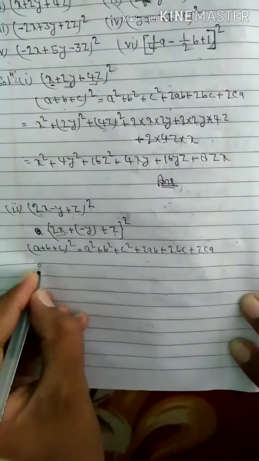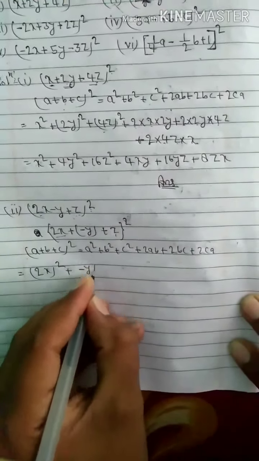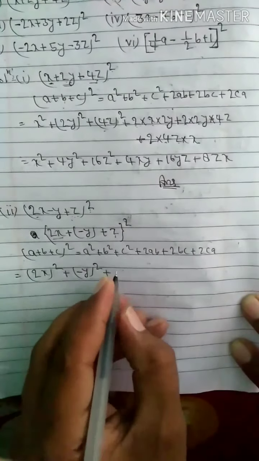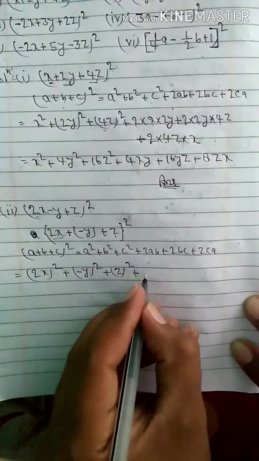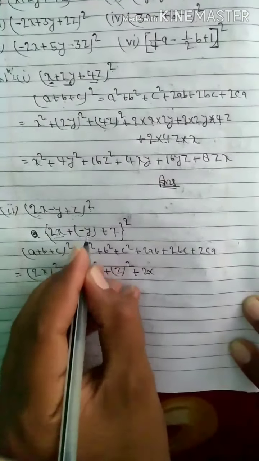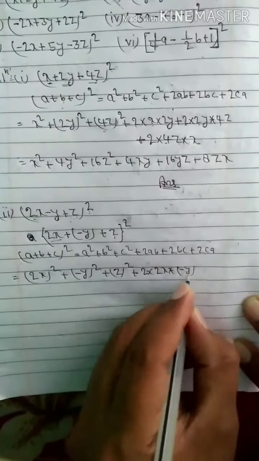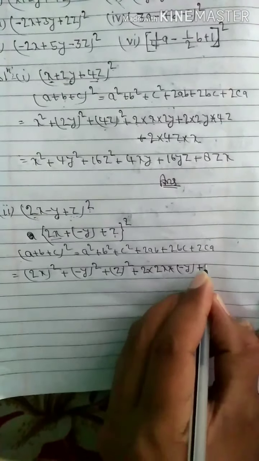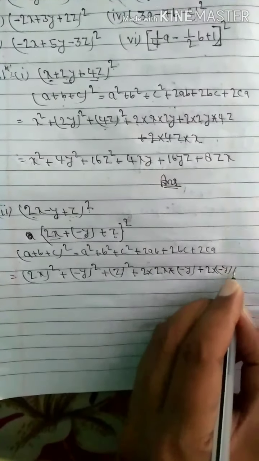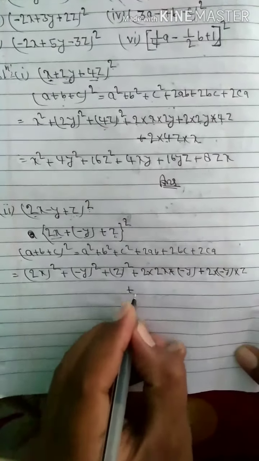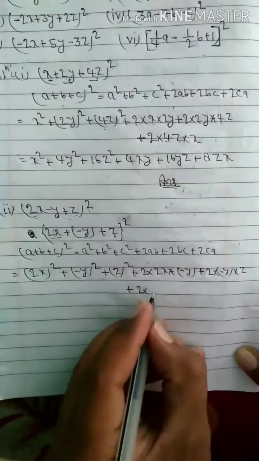So a², (2x) whole to the power 2, plus b², so b equal to −y, (−y) whole to the power 2, plus c², (z) whole to the power 2, plus 2ab, so 2 into a into b, 2x into −y, plus 2bc, so 2 into b into c, −y into z, plus 2ca, so 2 into c into a, z into 2x.